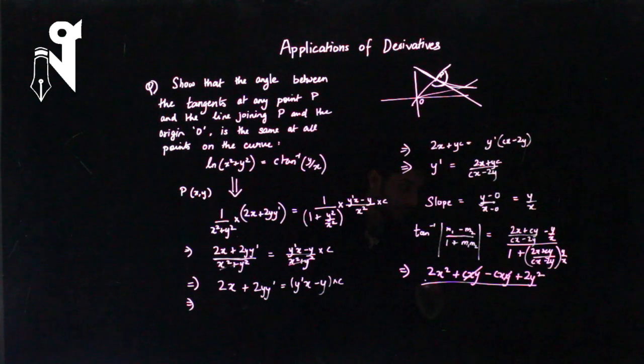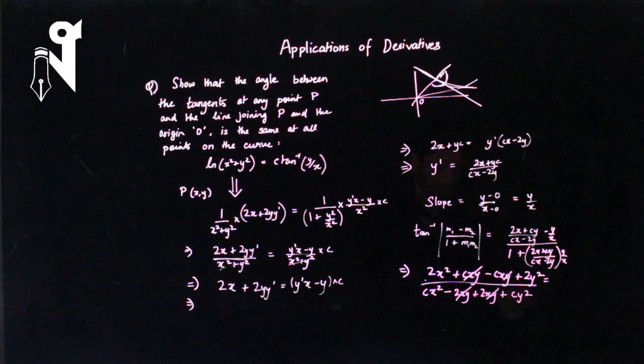I'm just going to write the numerator of the denominator. So I have cx square minus 2xy plus 2xy plus cy square, and over here 2xy will cancel.